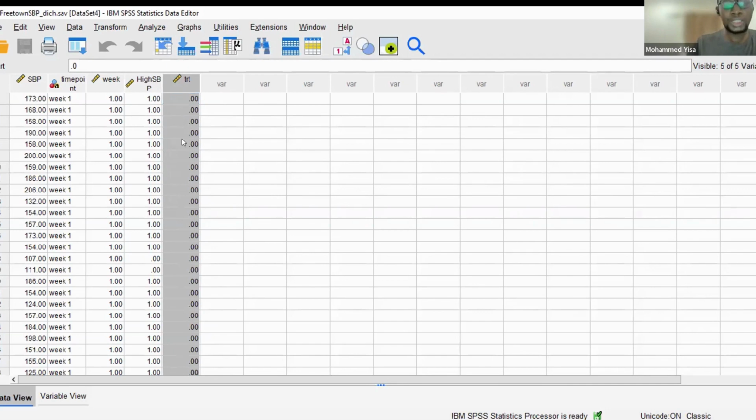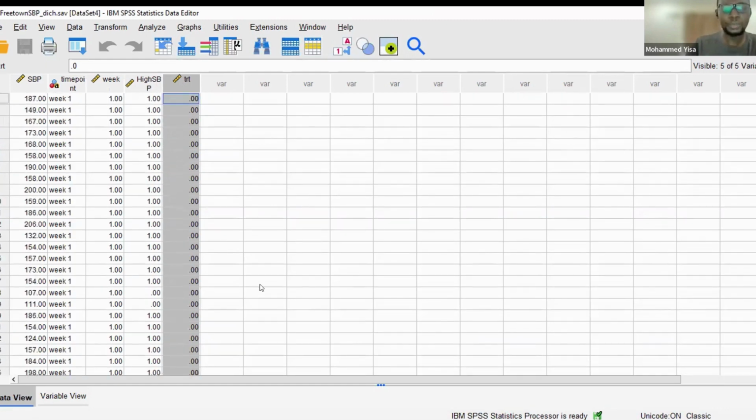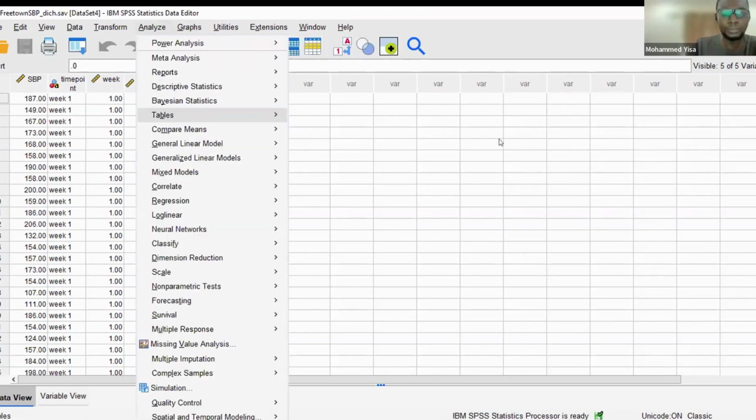But you can see that there are cells where you have 0, and cells where you have 1. So for the treatment, some of them have 1, which means that they have been treated, and some of them have 0, which means that they have not been treated. So we can still treat it as a categorical variable. We go here into Analyze, go to Compare Means.